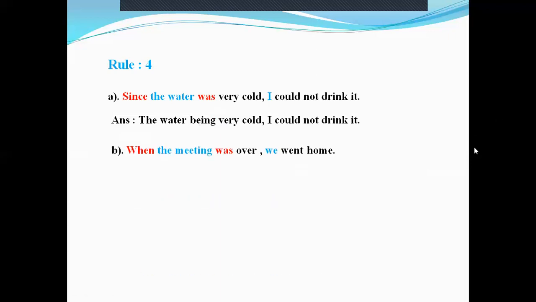Number B, when the meeting was over, we went home. Here there is when, and the subject is meeting, and another one is we. The subjects are different, and there is a be verb. So omit when, write the meeting, then instead of was, write being. The meeting being over, we went home.